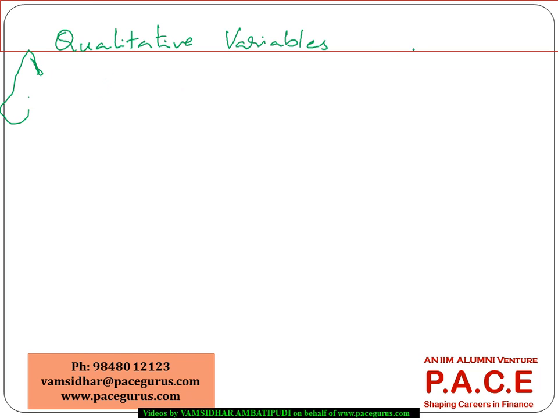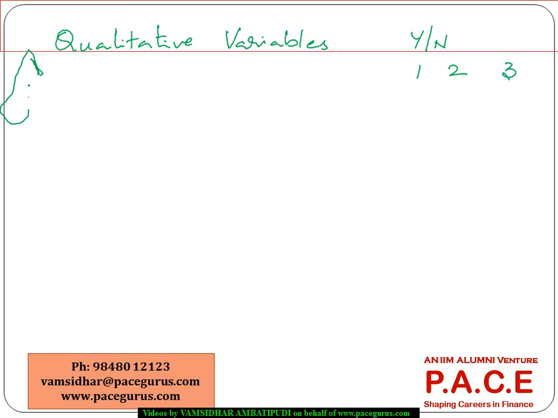Yes or no. Or categories, right? Group the participants into group 1, 2, 3 based on the characteristics. Group the customers into high, medium, low based on some series of characteristics. So the dependent variable is more of a qualitative dependent variable.